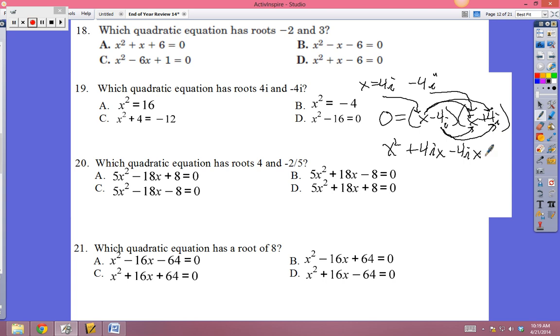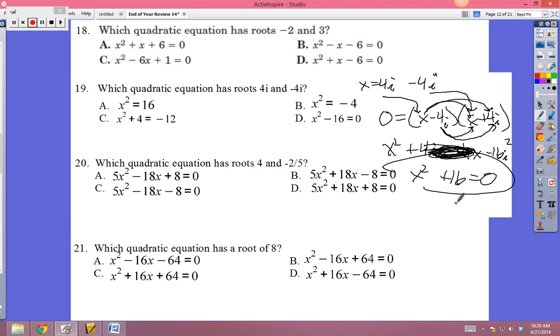Minus 4 times 4 is a minus 16, but i times i is i squared. So now your 4ix minus 4ix, those are opposites, so those zero out. So we just got x squared minus 16 i squared, but i squared is a -1. So negative 1 times a minus 16 is a plus 16.